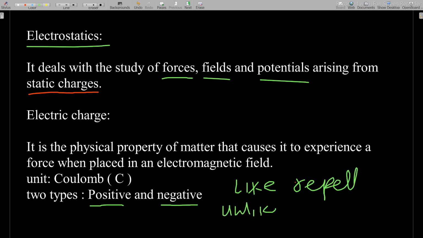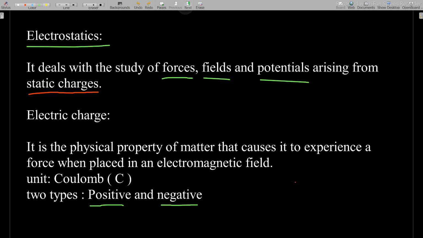Unlike charges attract. So you should know this. I decided not to add it on the slide because I thought maybe you'd be able to understand, but I just wanted to mention that like charges repel each other and unlike charges attract each other. That is one thing you should know about electrostatics.